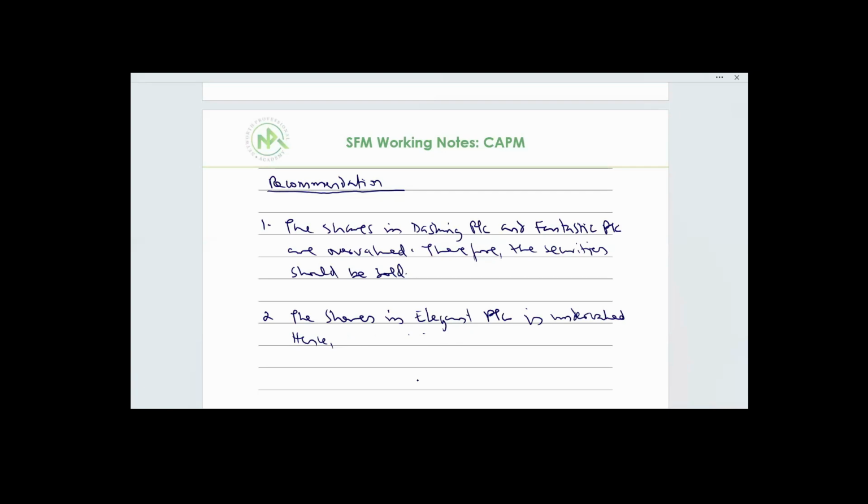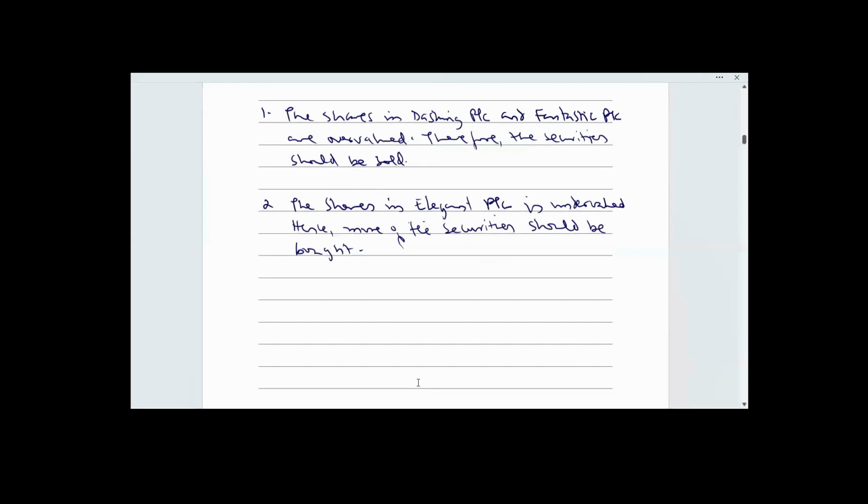Hence, more of the securities should be bought. Because it is undervalued, it's selling below the intrinsic value, below the fair value. So what this simply means is that once the price increases in the future, the company will dispose of it and make more money. That's the interpretation.